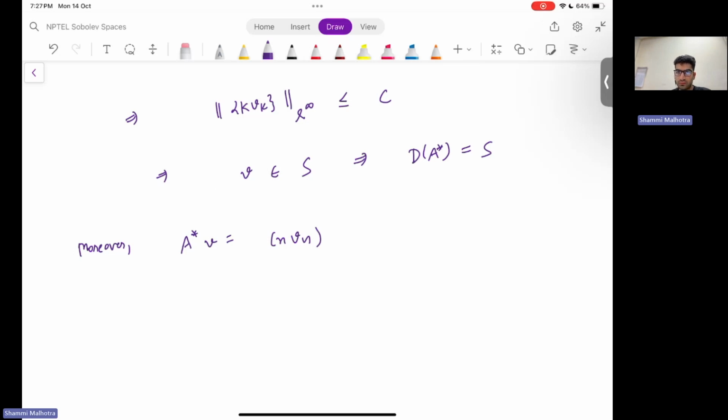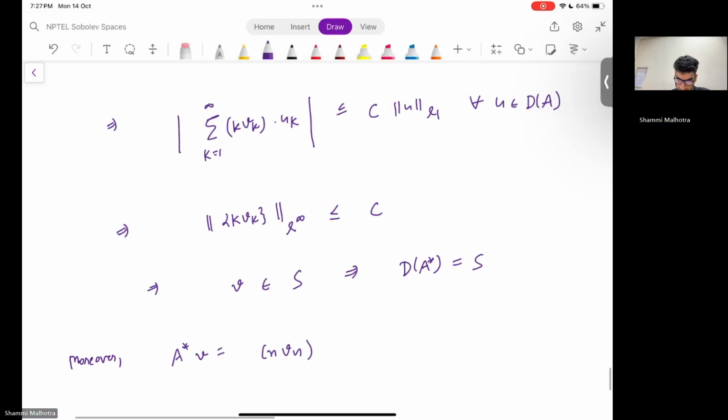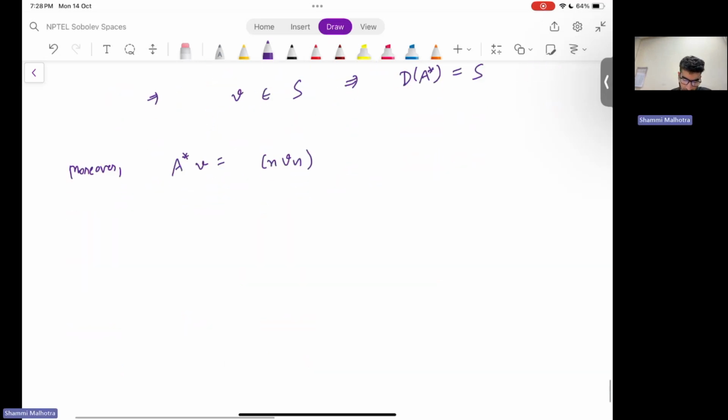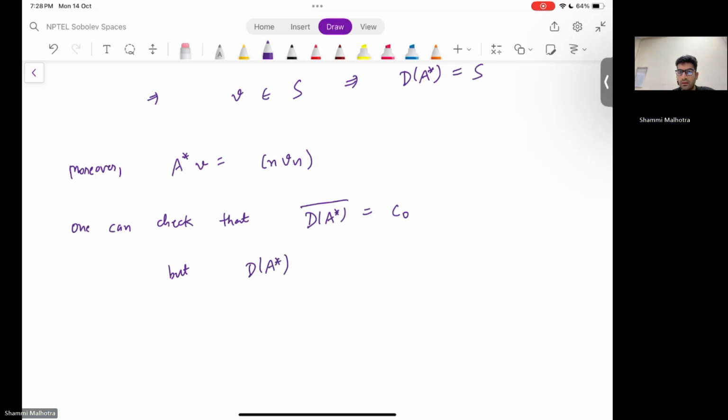But before that, let me mention one more thing: one can check that the closure of dA star is equal to C_0, but the closure of dA star is not equal to E star.